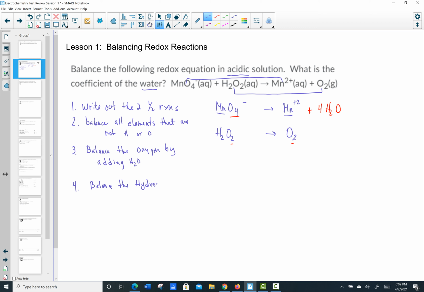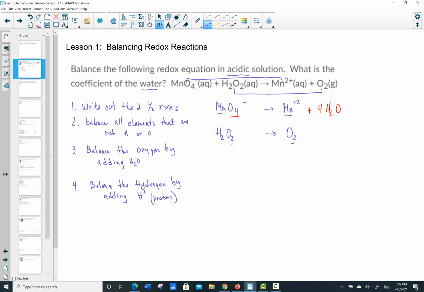Let me write that out. Balance the hydrogens by adding protons, which are hydrogen ions. And I'm emphasizing hydrogen ions because I have to make sure that I remember to put H plus and not just H. So let's do that, step 4.